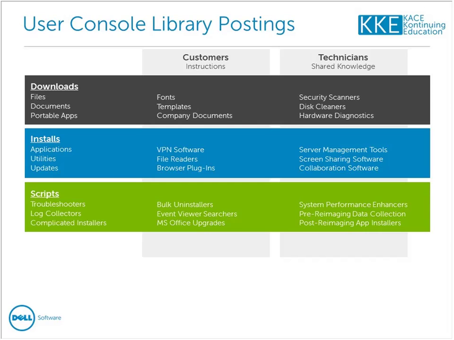And then scripts. This is maybe the most powerful thing in the entire K1000 for automating. I can make any script that I build in the K1000 available on the user console library, whether it's available to all our users, all our customers, or only to my fellow technicians. Yes, my fellow techs could figure out how to do these things manually, but that's a manual process that takes time that I have to do again and again, and I might not always do it the same way.